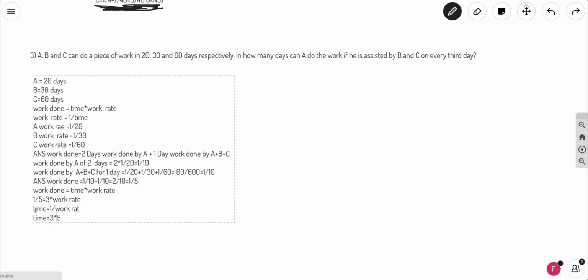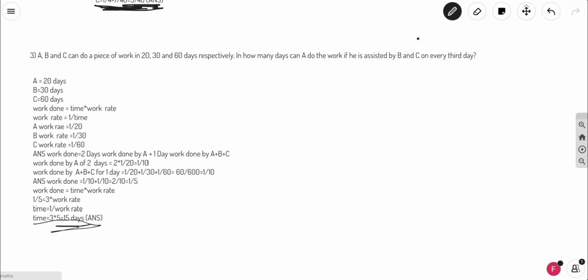We wrote it wrong. The work rate is equal to 3 upon 5, but the work rate is not needed here. We have to find the time. So we take 1 upon work rate, and 5 will go to the right hand side. So 1 upon work rate becomes time, and 3 into 5 is equal to 15 days.